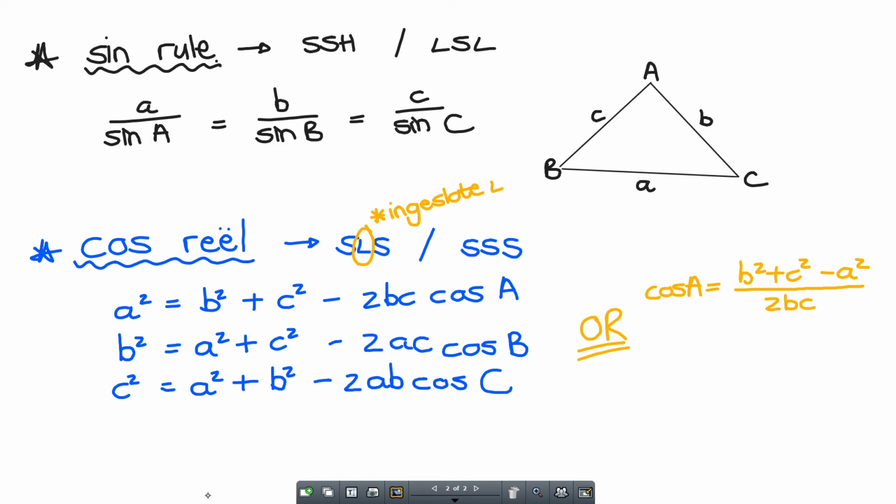Ek gaan nou gou krap and then I'll just press the back button. We want that alone. So basically this has got to go to the other side. You guys understand? So that's why we say, okay, we first take over that, and that's how I get a squared minus b squared minus c squared.